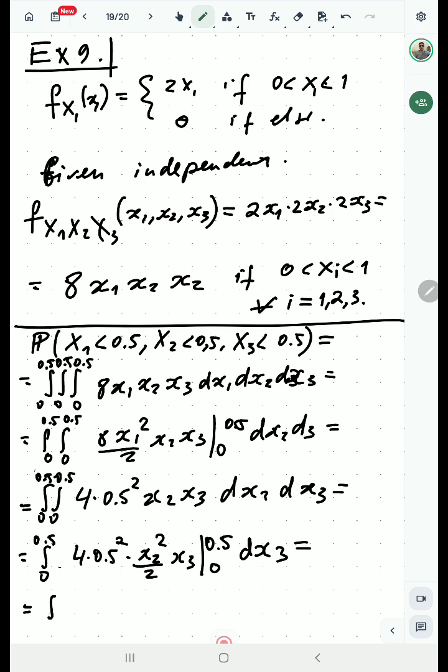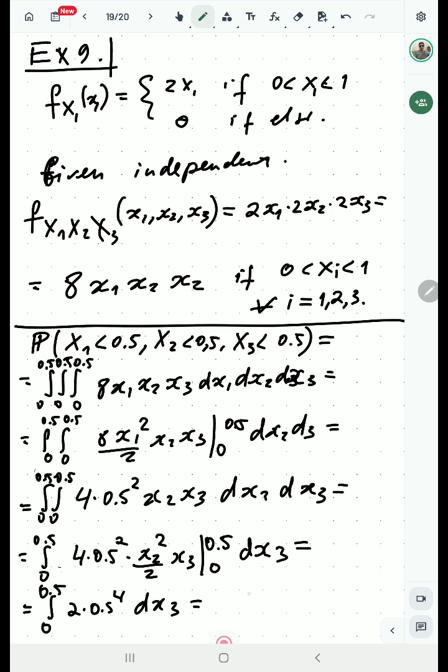And if I do that, I'm going to receive 2 times 0.5 squared times 0.5 squared, which gives me 0.5 to the power 4, times x3 dx3.